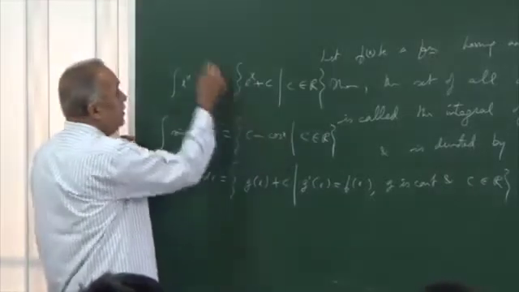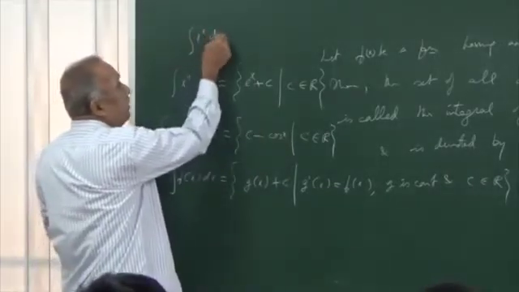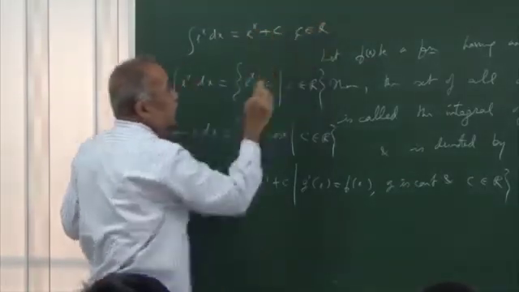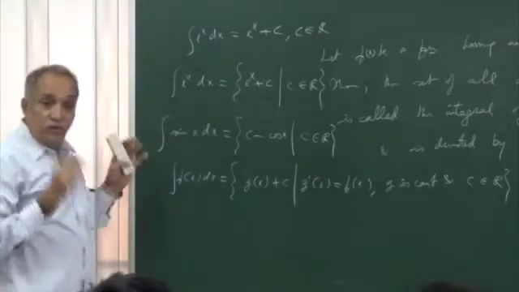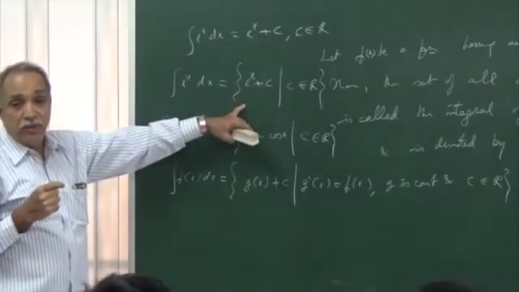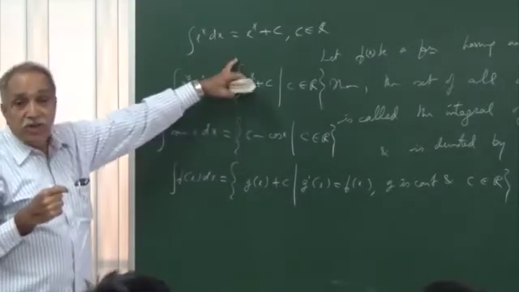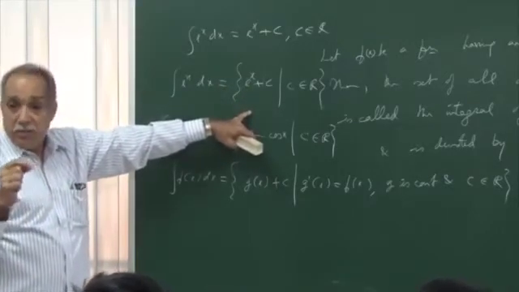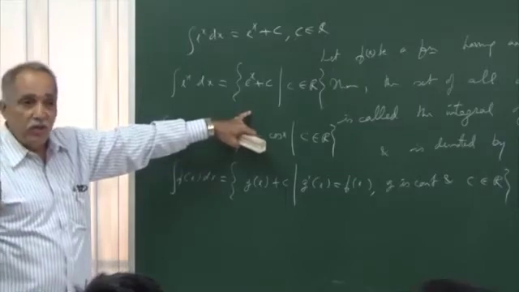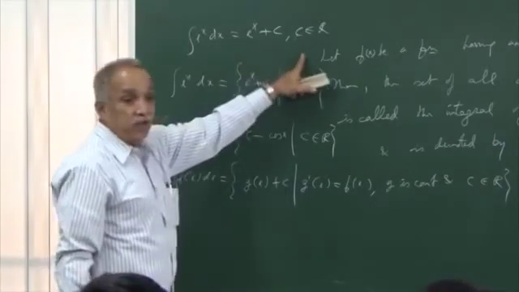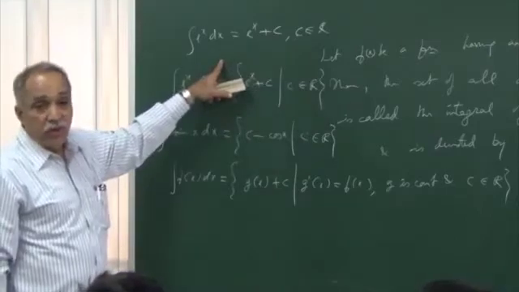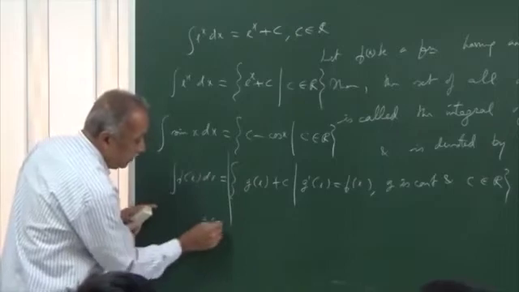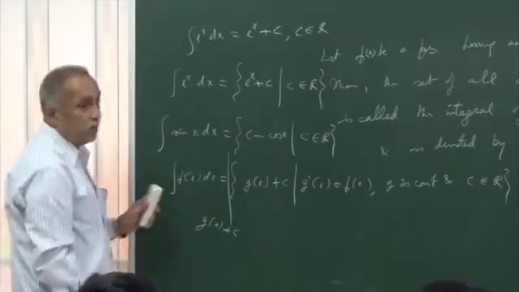Instead of writing like this, we simply write the integral of e to the power x dx equal to e to the power x plus c, c is an arbitrary constant, with this in the background. When we write this, actually it means this, but we are not mentioning every minute detail of that expression. Okay? So throughout our study, this will be the notation we will be making use of. For an arbitrary function, I will simply write g of x plus c. Okay.